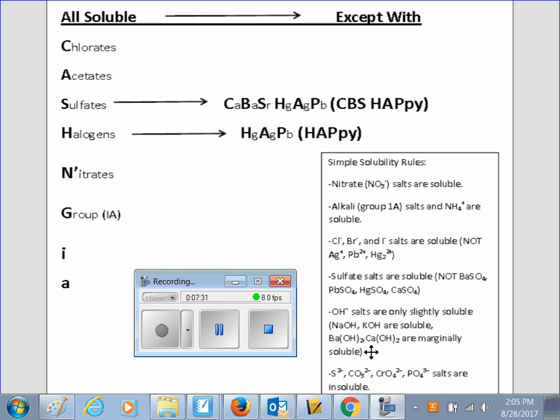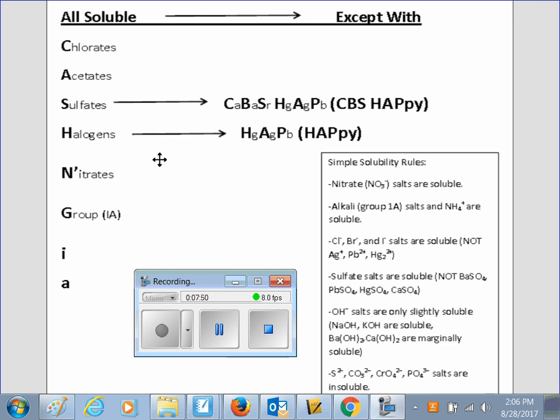They are not soluble if you have magnesium hydroxide or beryllium hydroxide, okay? And then down here you've got carbonate. Carbonates are not going to be soluble unless they're paired up with the group 1 metal.